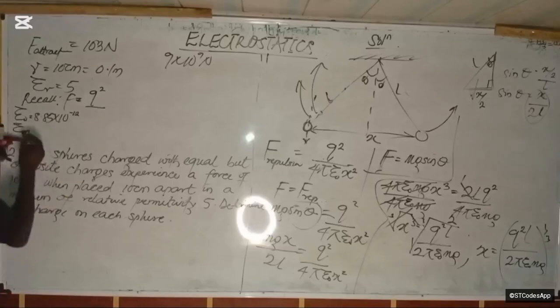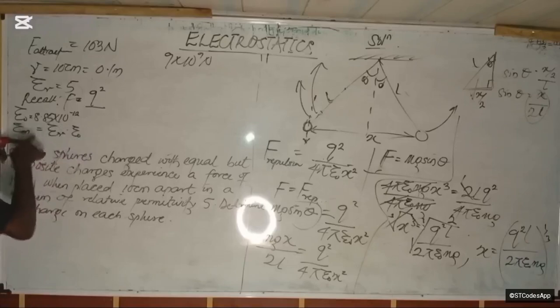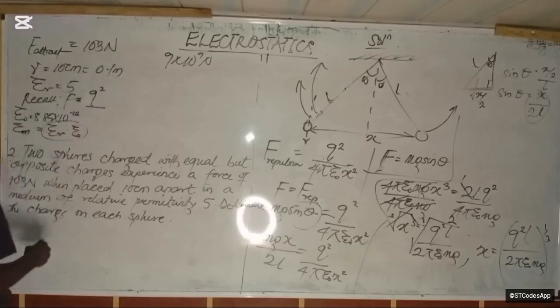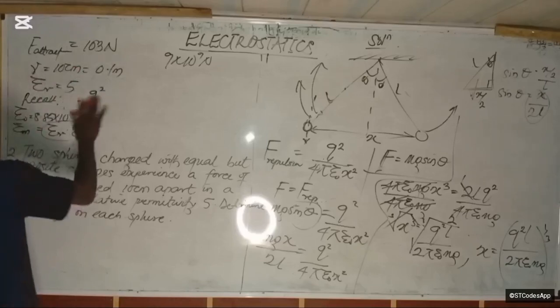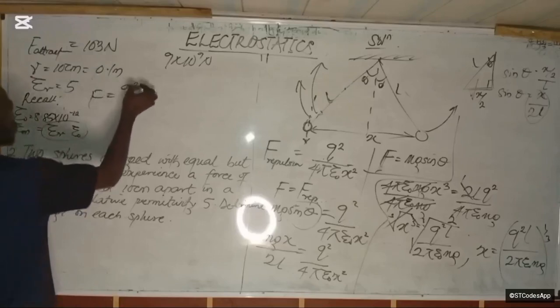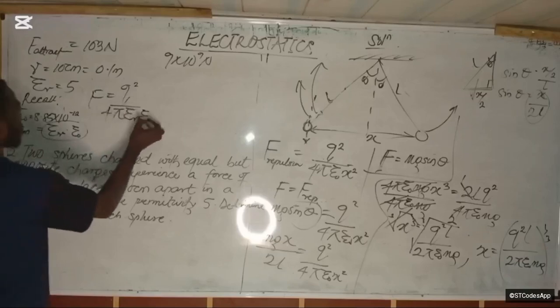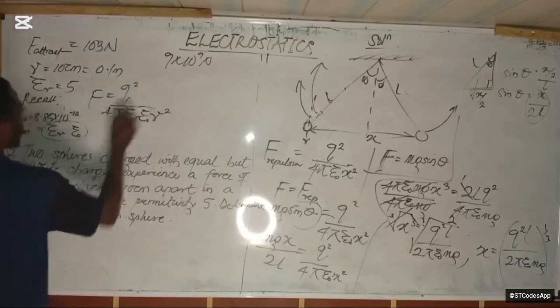You could either solve for the permittivity of the medium, which is the relative permittivity times the permittivity of free space, or use the formula directly. I want to use the formula directly, and that formula, as I said you should recall, is F equal to Q squared over 4 pi epsilon R epsilon naught r squared.